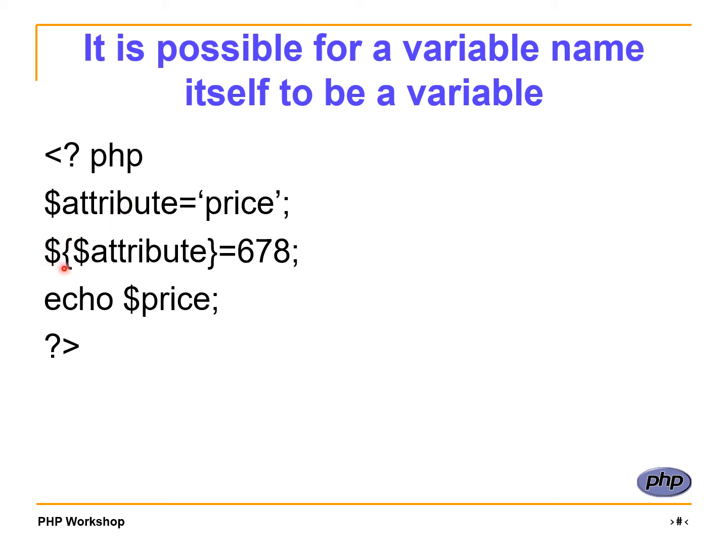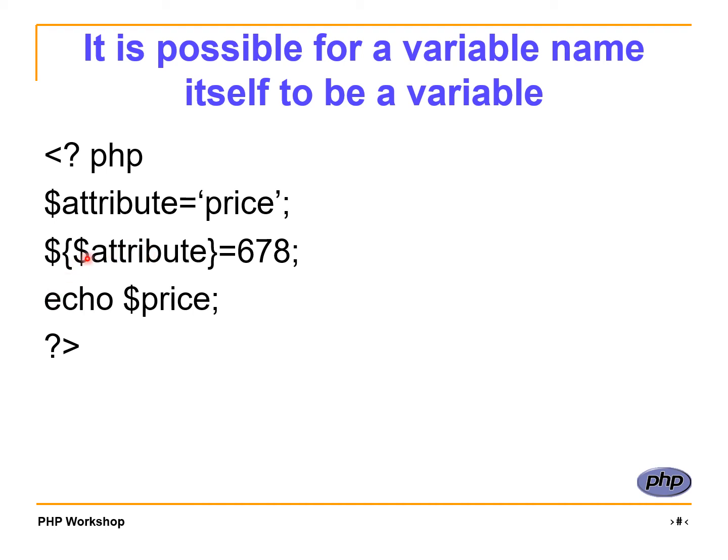Then $$attribute is equal to 678. What is $attribute? It is a variable which contains the data price. So 678 is assigned to $$attribute, which means the string value price is used as the next variable name.